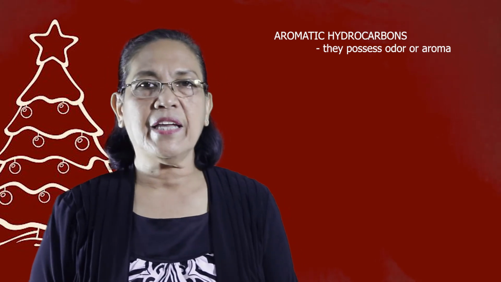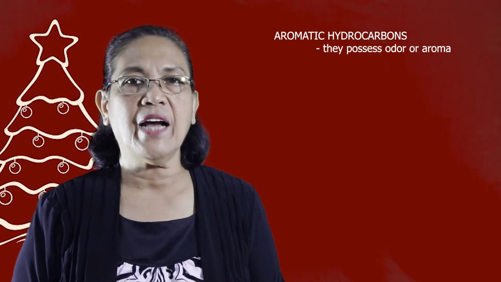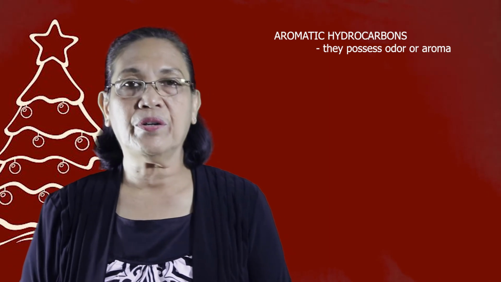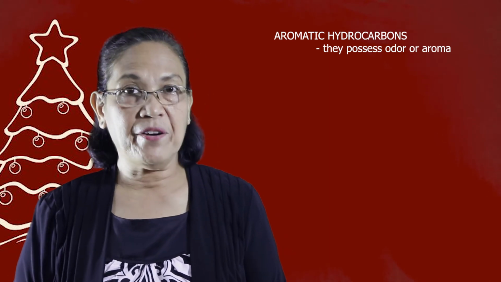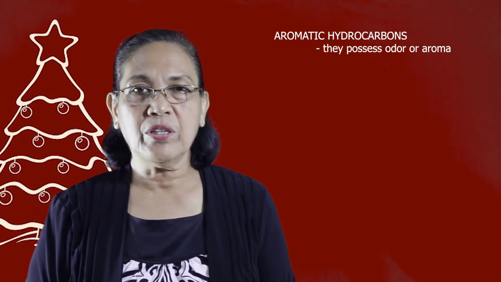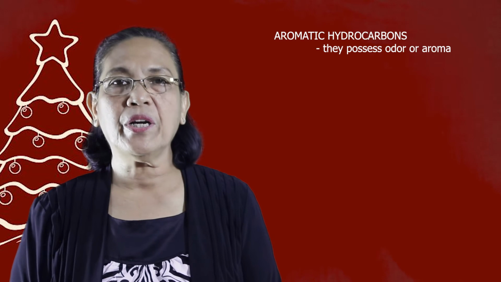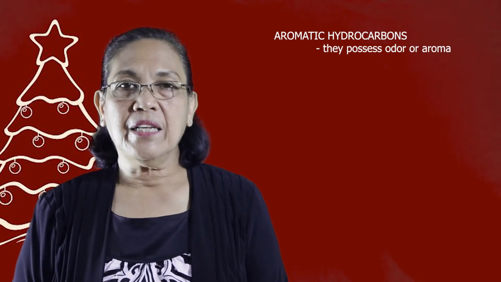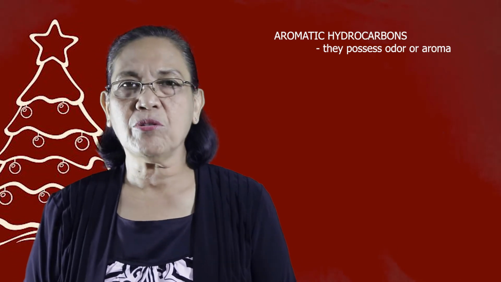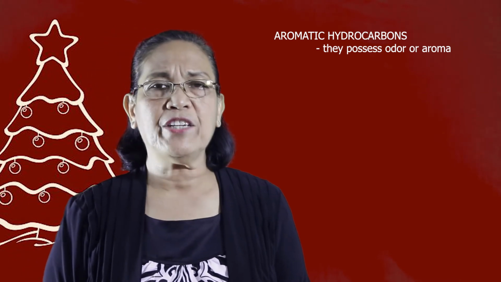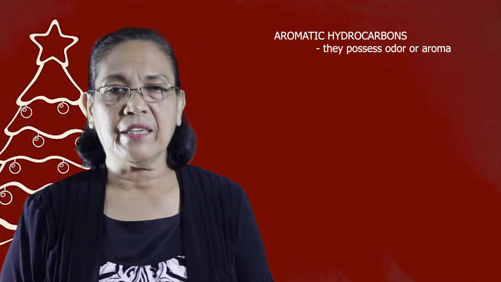The characteristic of the aromatic hydrocarbons is that they possess odor or aroma. That's why they are called aromatic. This odor or aroma may be pleasant or unpleasant. Now, how do we know that it has a ring-like structure or is qualified to be called aromatic?